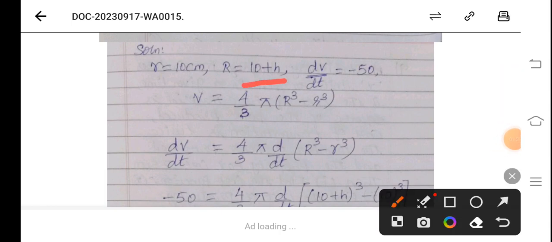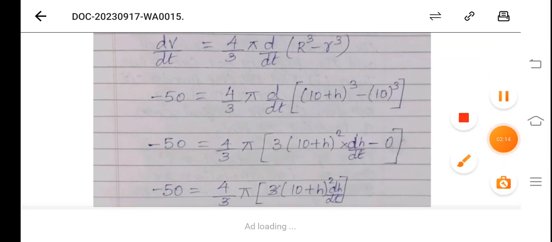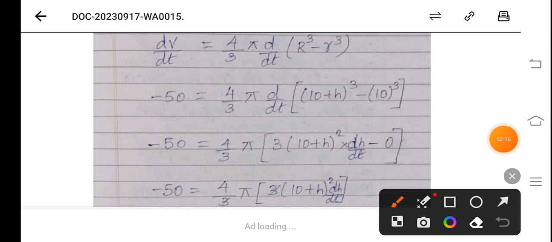Then the volume of the hollow sphere is 4 by 3 pi times capital R cube minus small r cube. We are differentiating as usual with respect to t, children. So dv by dt is 4 by 3 pi d by dt of R cube minus r cube. First, the capital R value we substituted before differentiating: 10 plus h whole cube minus 10 cube.